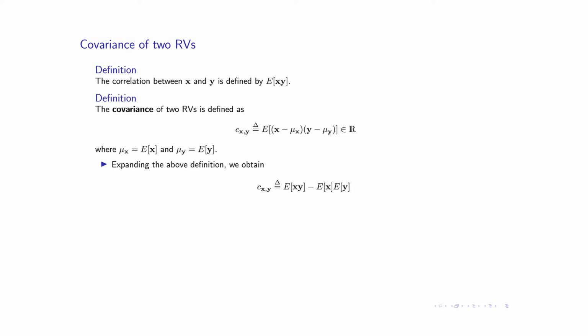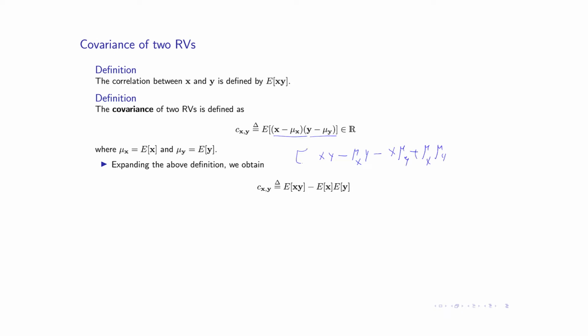If you expand and multiply these together, you get xy minus mu x times y, minus x mu y, and then plus mu x mu y.